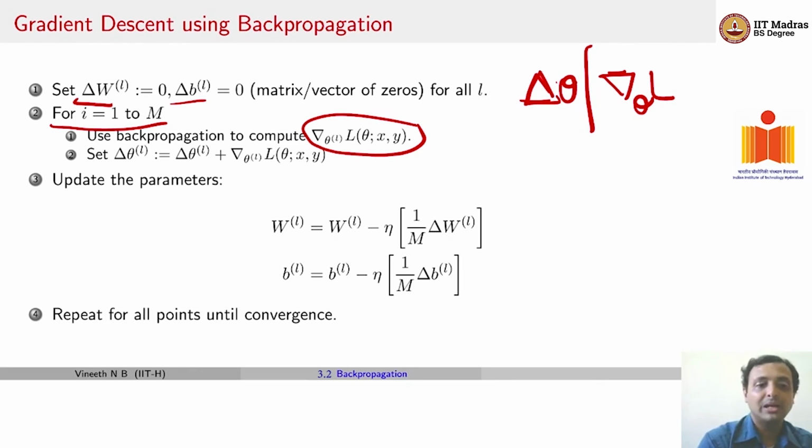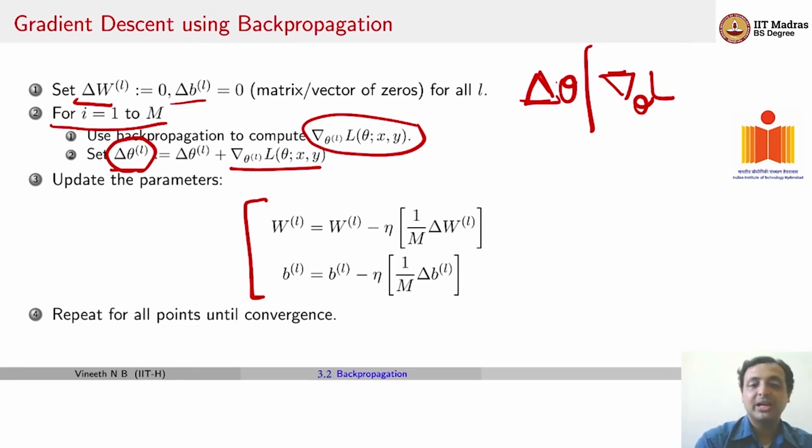Now your delta theta, composed of delta W and delta B, you increase that by this much gradient. And you keep going over a for loop for every data point in your data set. That gives you the total delta theta that you have, delta W and delta B. That's the total change that you want to make to your W and B.